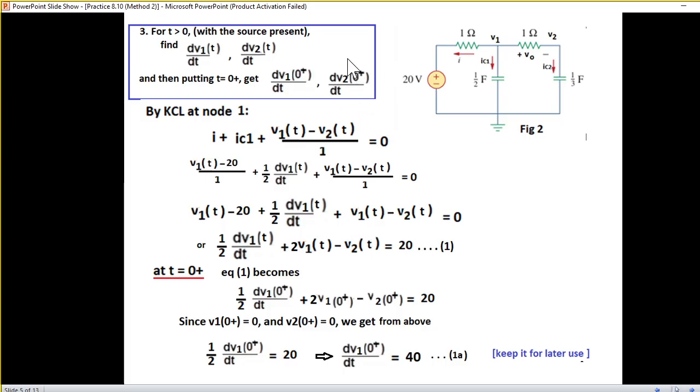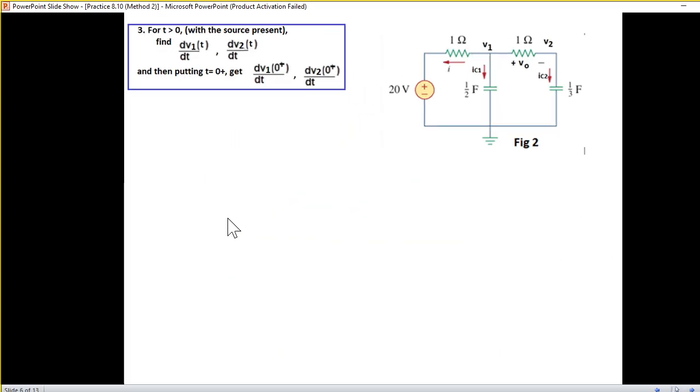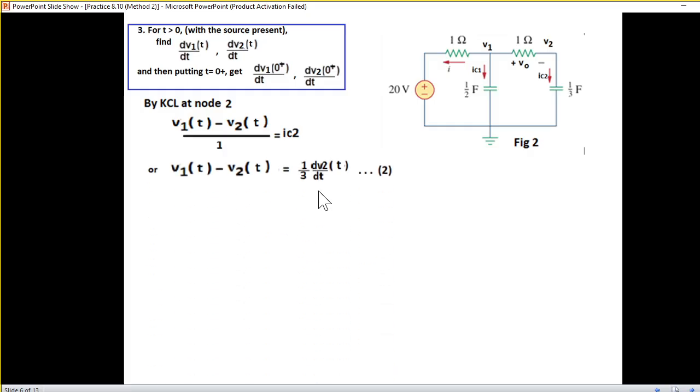And now we have to find dV2/dt, so we'll use KCL at node 2 here. This current, V1 minus V2 over 1, is equal to IC2, which is 1 over 3 dV2/dt. And here also we'll put t equal to 0. V1(0+), this is also 0+, this one also 0+.